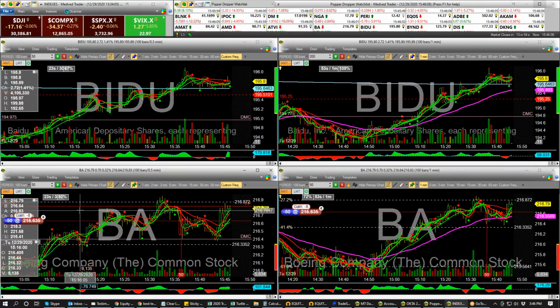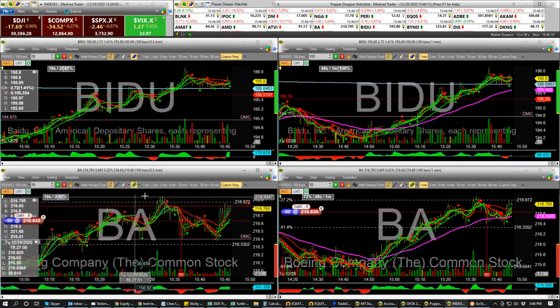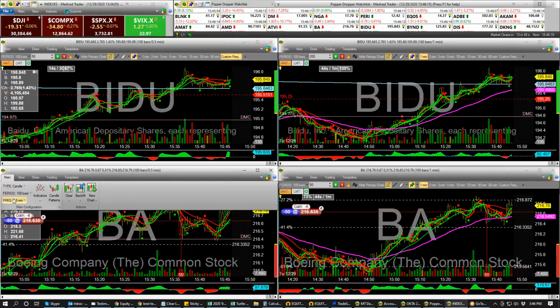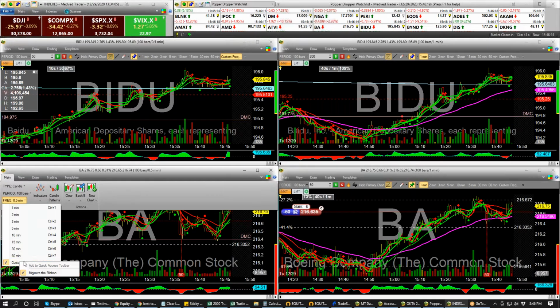Most of y'all should have that, if I built your layout. If you want to add it, you can just go to main, go down to custom frequency, right click, and then go to Add to Quick Access Toolbar to put it on there.